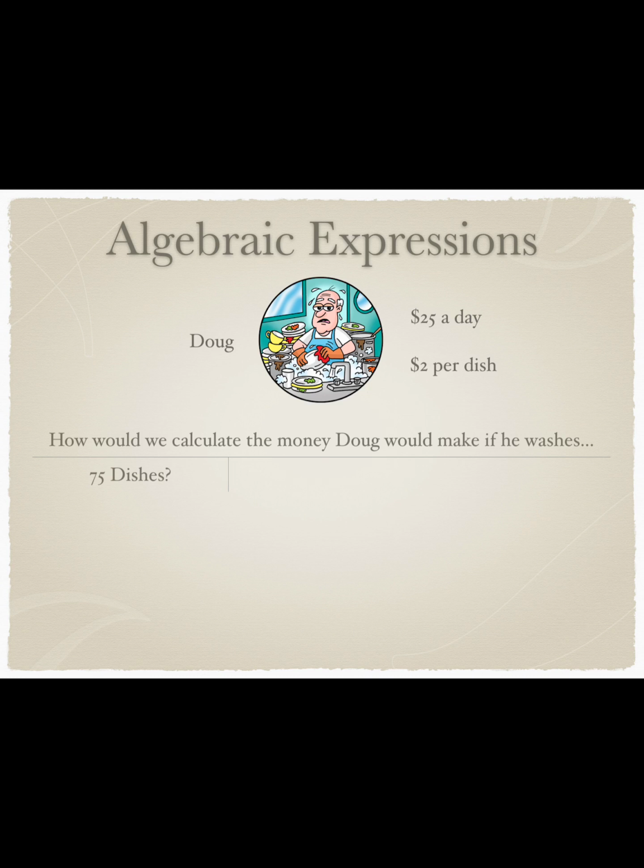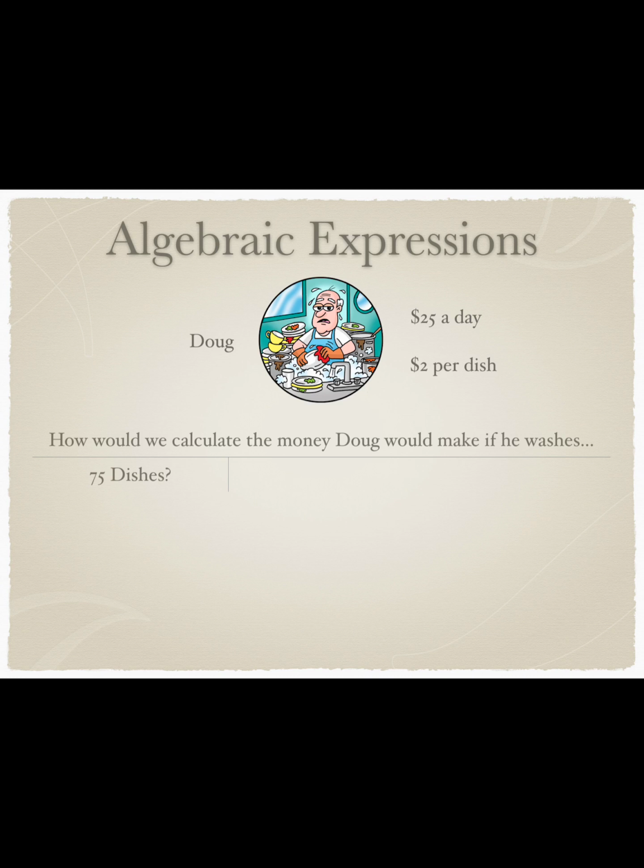What I'd like you to do now is pause the recording, look at the situation, look at the information you have in front of you, and figure out how you would calculate how much money he would make in that situation. Now, I don't want you to solve it. I want you to figure out the operation or expression you would use to figure out how much money he would make. So now I'm going to continue.